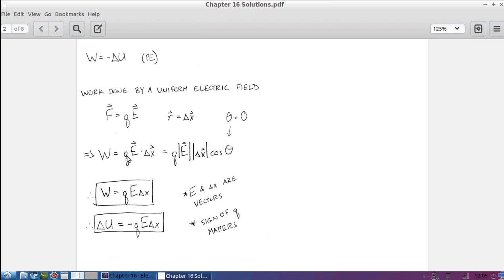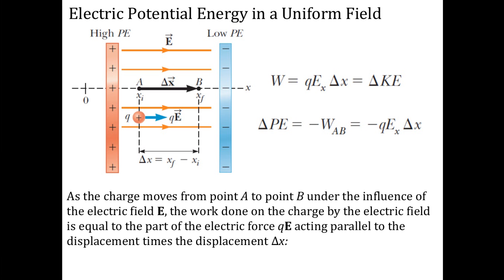Now all three signs of these quantities matter. If this was a negatively charged particle, I'd have to put a negative sign there. If either the E field or the displacement were in the negative x direction, I'd have to put negative signs in there. So even though work is a scalar, it can be positive or negative depending on the charge and the direction of the electric field.